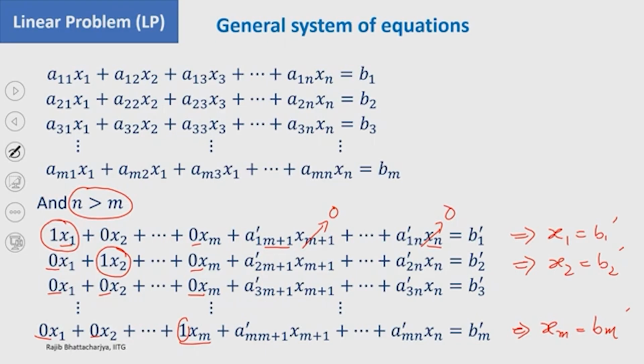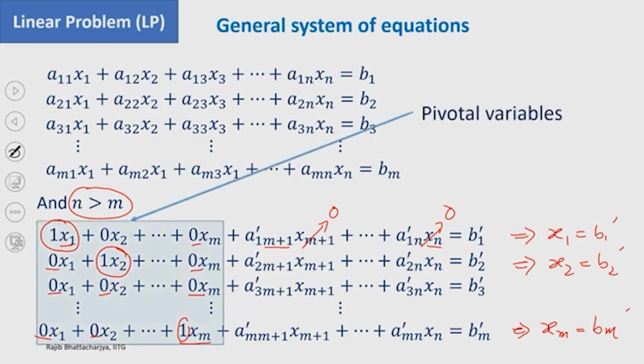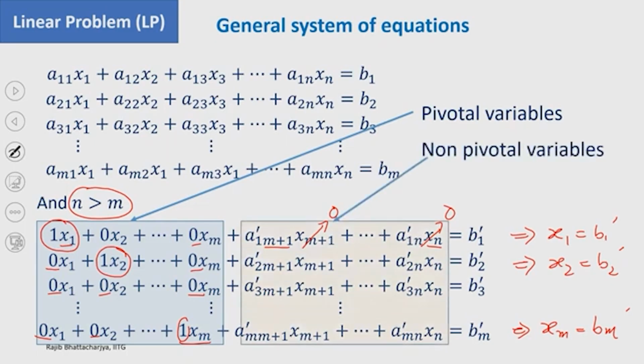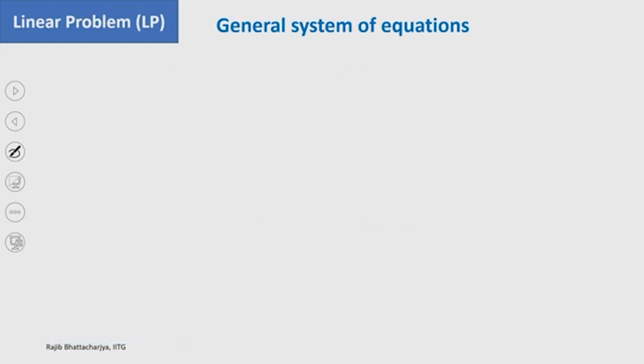So, this is one possible solution. We call these pivotal variables and these non pivotal variables, and these are the right hand side constants.